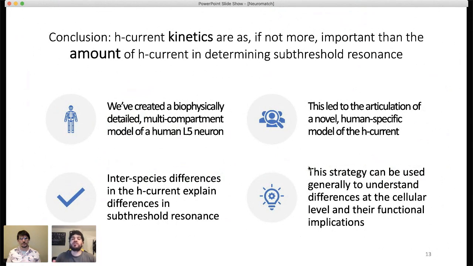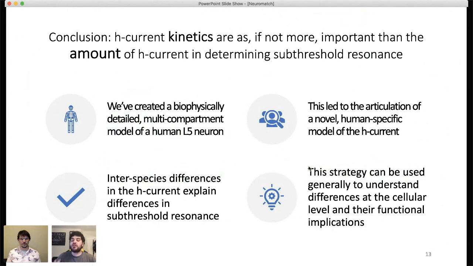Well, we've shown that we can create a biophysically detailed, multi-compartment, accurate model of a human neuron, given some of these experimental limitations that you have to face in the human setting. And we've shown that we can gain some really nice understanding of what's going on, even with this limited neuron model.